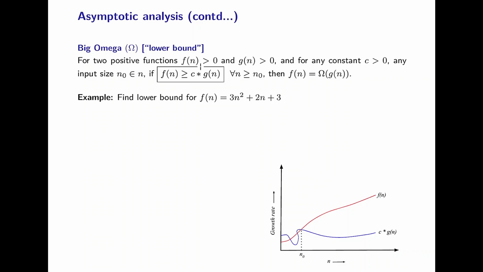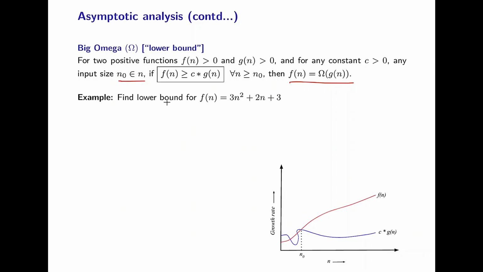For two positive functions f(n) and g(n), and for any constant c greater than 0, any input size n naught in N, if f(n) is greater than or equal to c times g(n) for all values of n greater than or equal to n naught, then we will say that f(n) is equal to big omega of g(n).